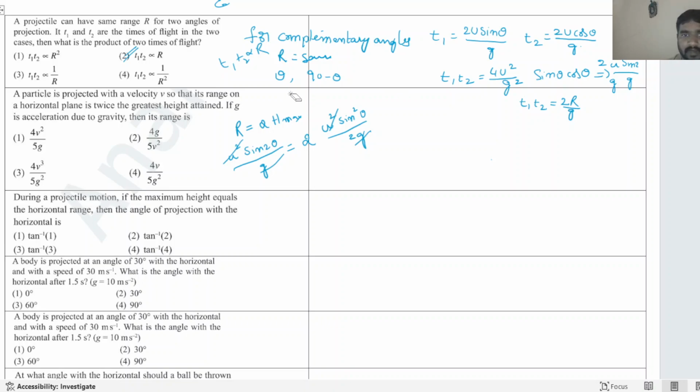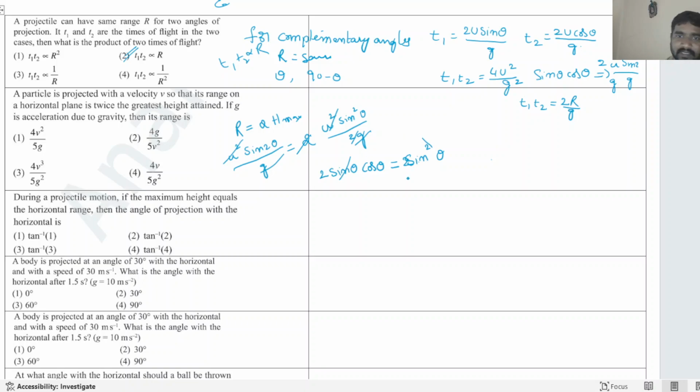See here, we'll equate the problem properly. Sine 2 theta you can write as 2 sine theta cos theta, that must equal 2 times, and the 2 and 2 get cancelled. So sine square theta will be there.